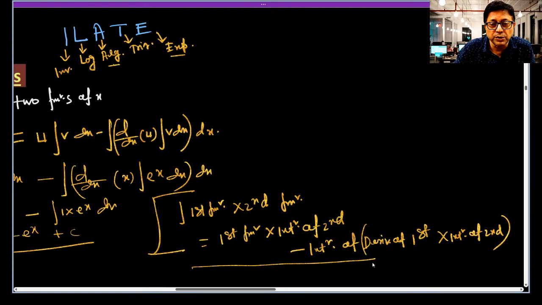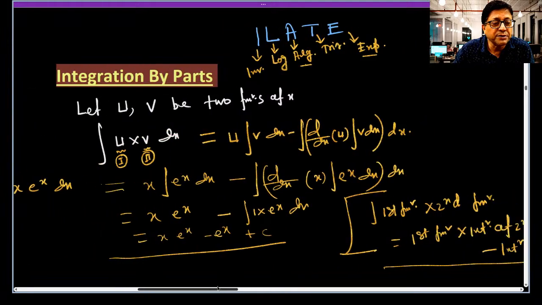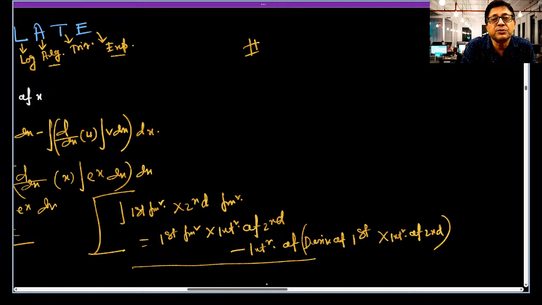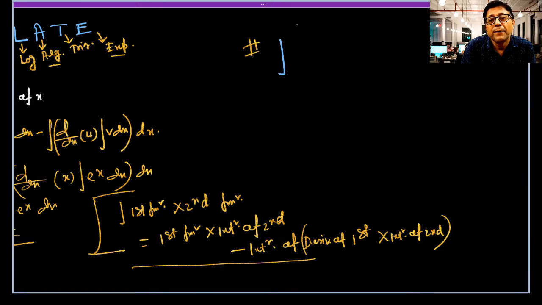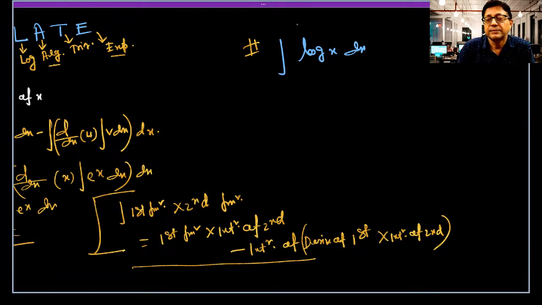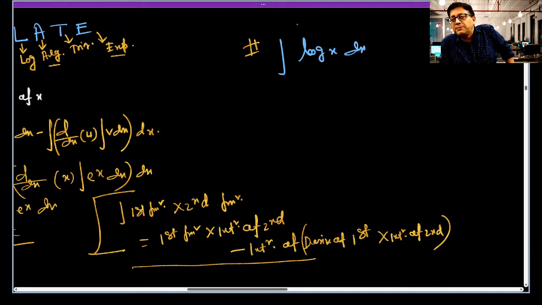Let us do a few more. Suppose I have changed the integrand a bit. The previous one we started with was x e to the power x; now I am taking, say, only log x dx. Which one is the first function, which one the second function? What I told you: if you are not able to detect one of the functions, you take 1 as the second function.